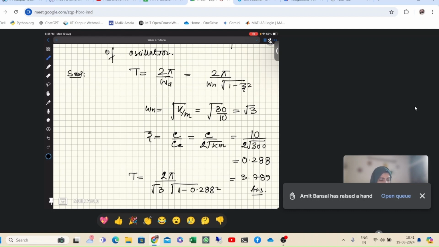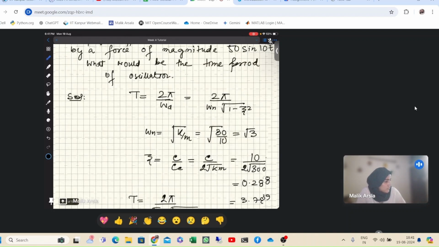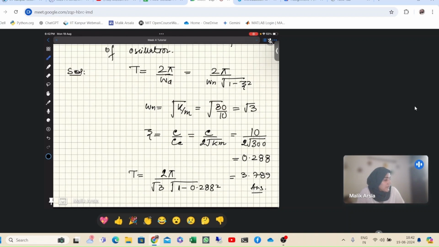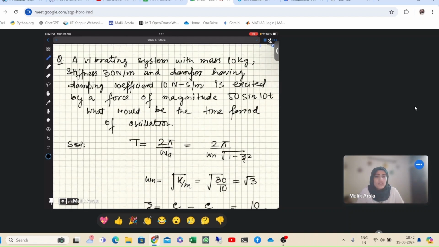No, see, we can clearly see that it's not affecting the time period, right? Because omega n is natural frequency, that doesn't depend on the external force. Then zeta also does not depend on the external excitation. So yeah, time period won't depend on the external force.